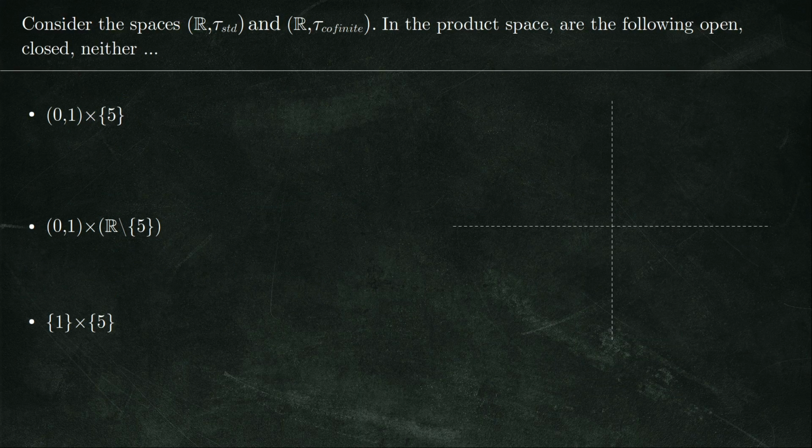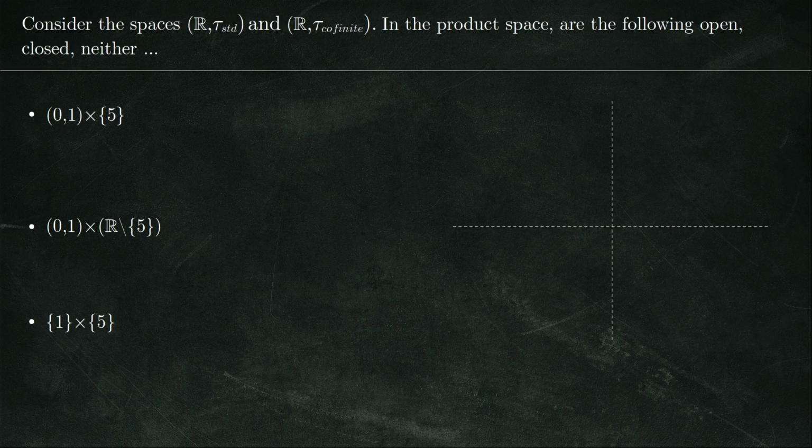Okay, now we have the real line with the standard topology, and then another copy of the real line, but this time with the cofinite topology. And the basis for the cofinite topology is just the cofinite topology itself. There's no nice, simpler basis that we can use. So, in the product space are the following: open, closed, or neither?